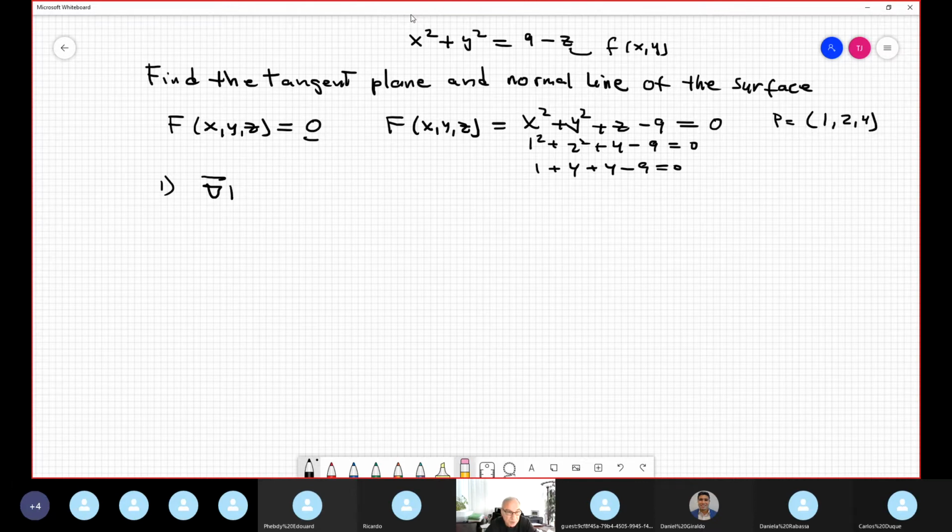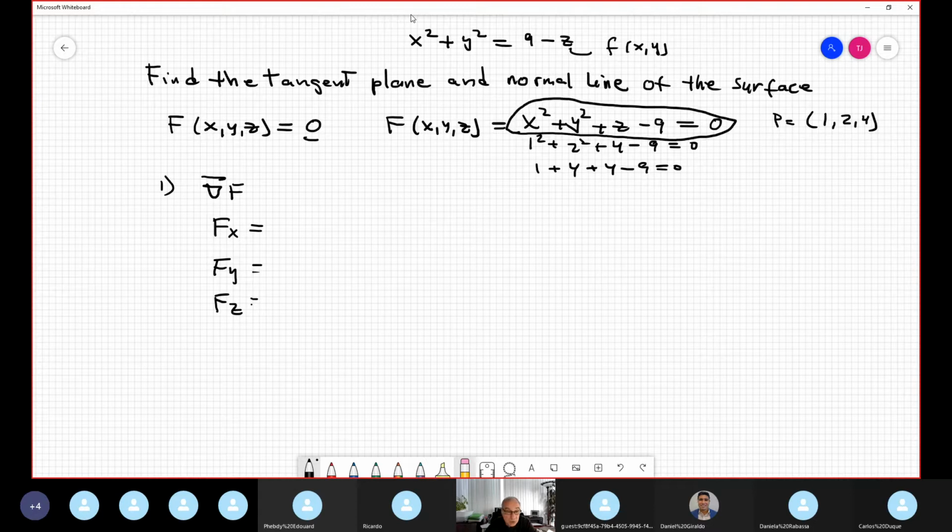Entonces, I compute the gradient. The gradient, you compute the capital F of x, y, and z, and you differentiate one by one. The derivative of this function with respect to x is just 2x, I suppose, no?